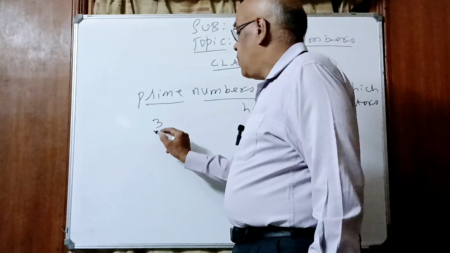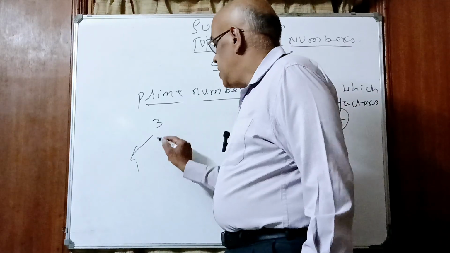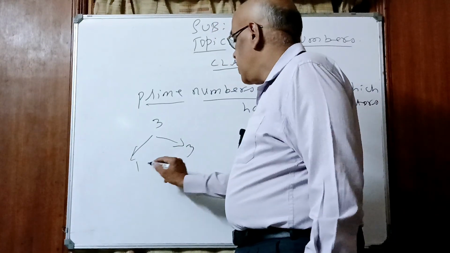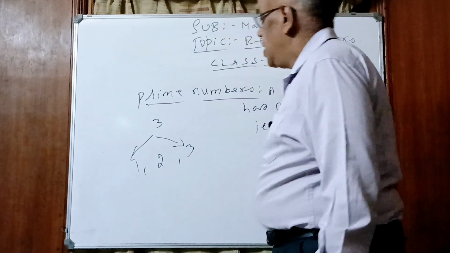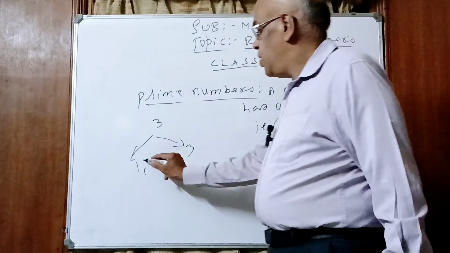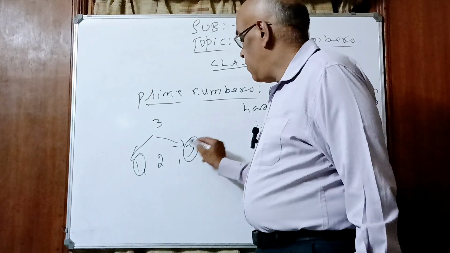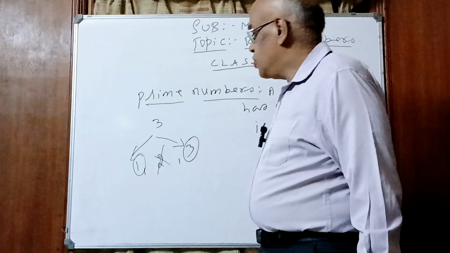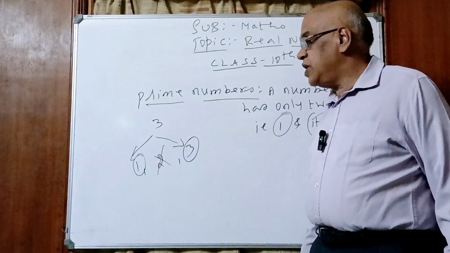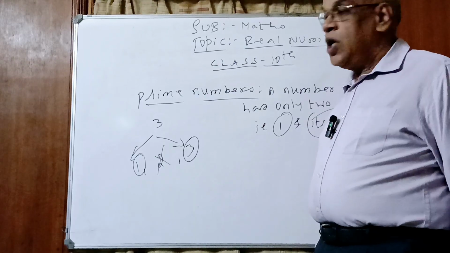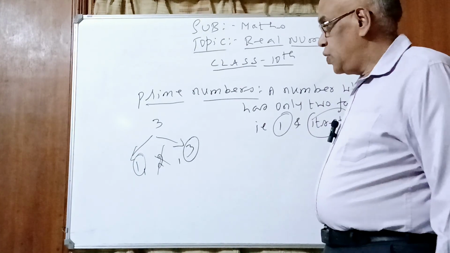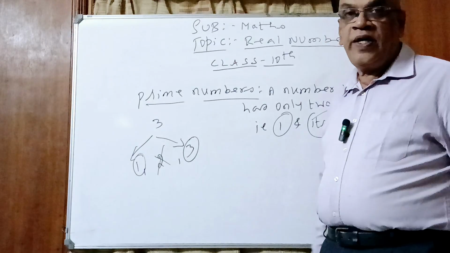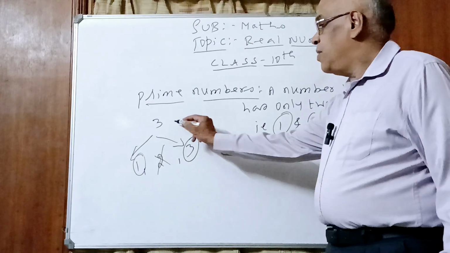Between 1 and 3, is any number there? 2 is there. 2 doesn't divide 3, so 2 is not a factor of 3. So 3 has only 2 factors, 1 and the number itself, 3. So it's a prime number.